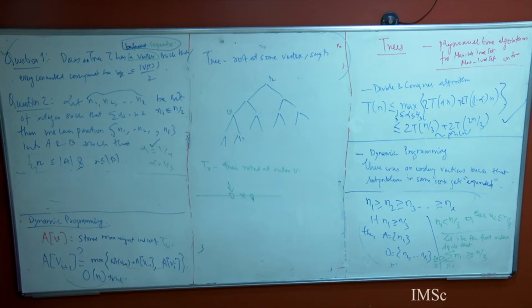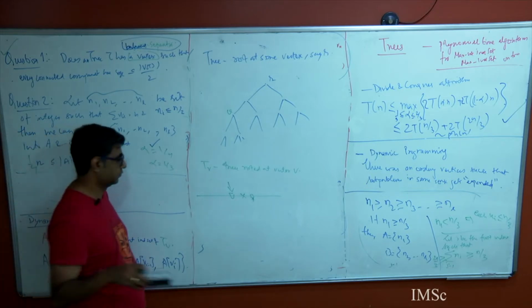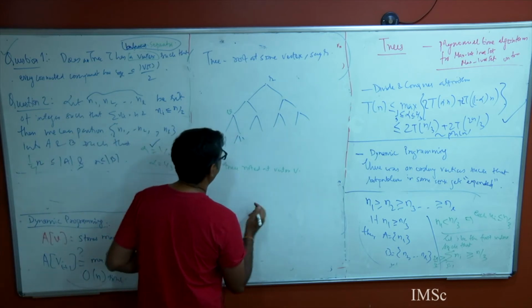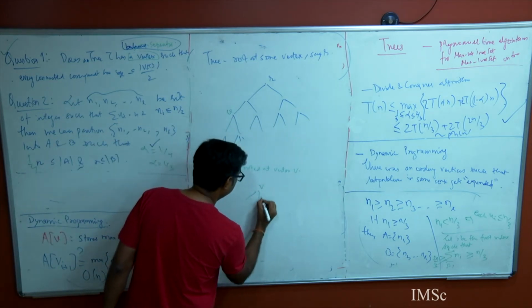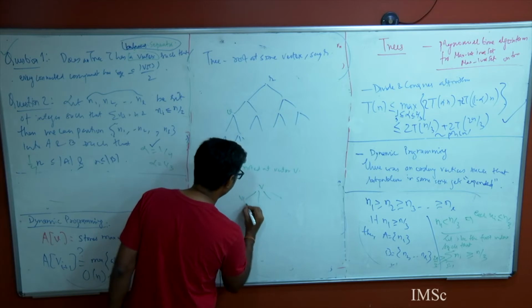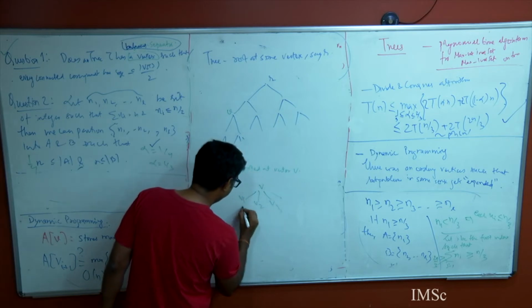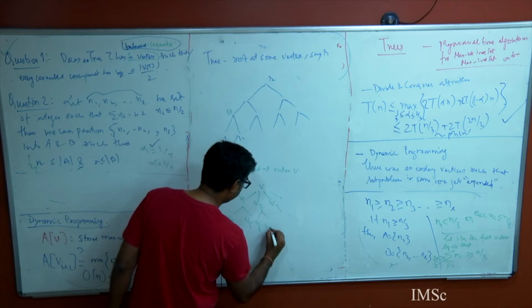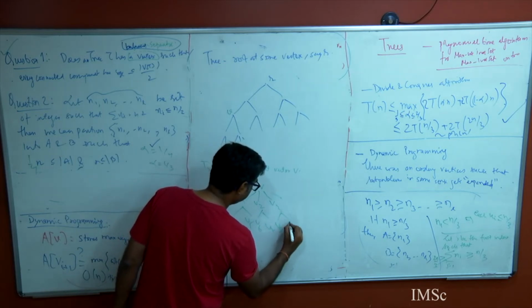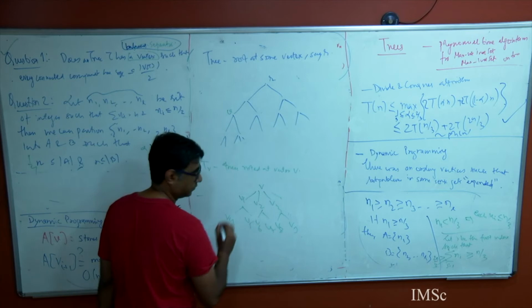Why? Okay, excellent. Okay, so suppose I have V, it has children, say for example V1, V2, V3, and V1 has children say V4, V5, V6, V7, V8, V9. What will you do for V?